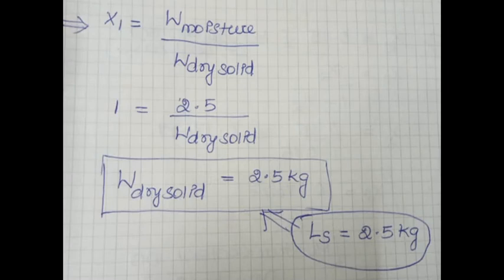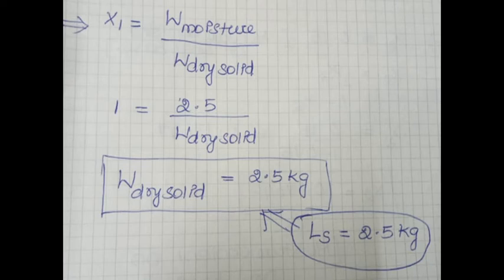Next we are going to calculate weight of dry solid. In drying operation, weight of dry solid notation is capital LS. How will we calculate capital LS value from moisture content on dry basis? What is the formula? Moisture content on dry basis, capital X1 is equal to weight of moisture divided by weight of dry solid.